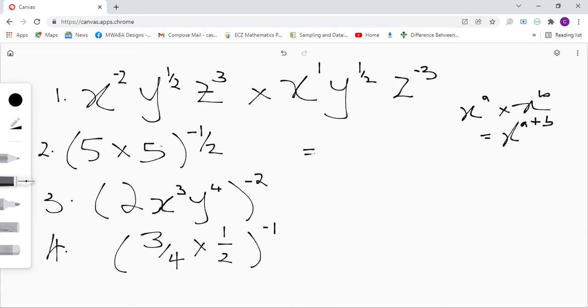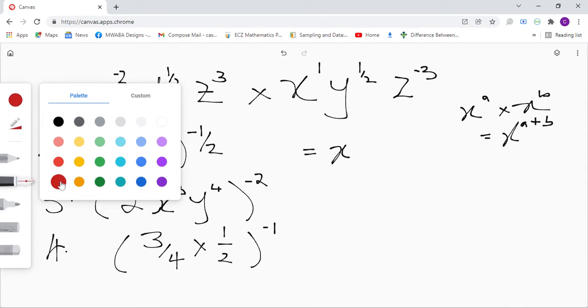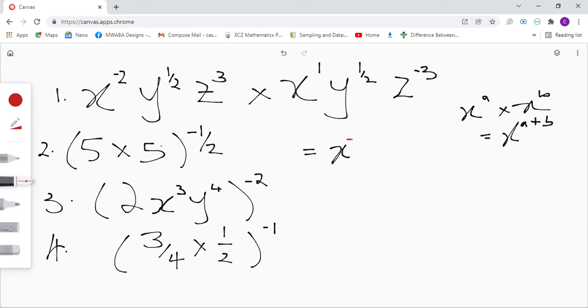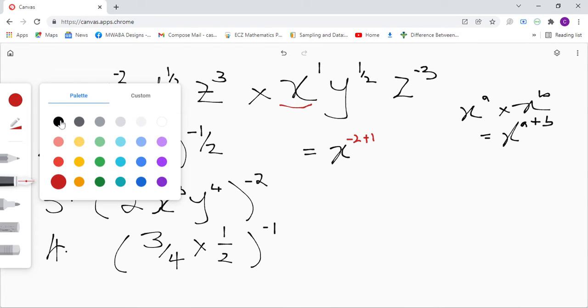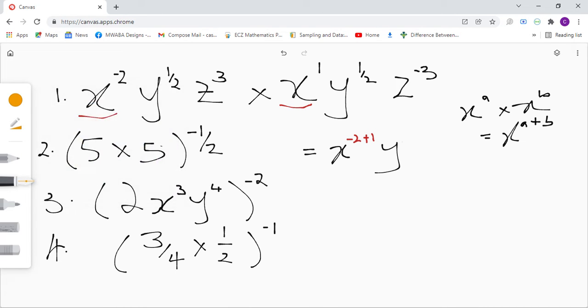I'm going to say equals to, we're going to have x to the power negative 2 plus 1. All right, so we're dealing with the x's first. Then we have y to the power half plus half.